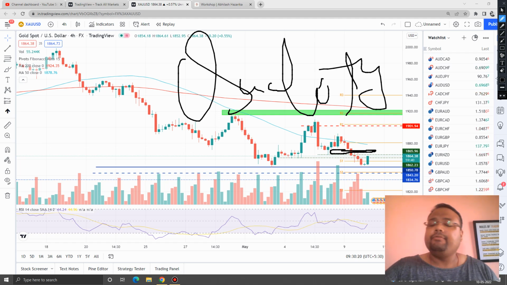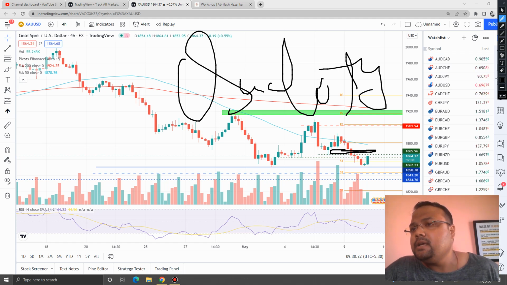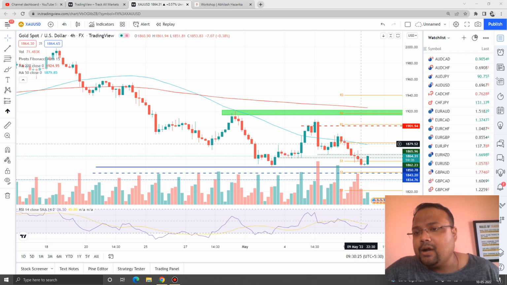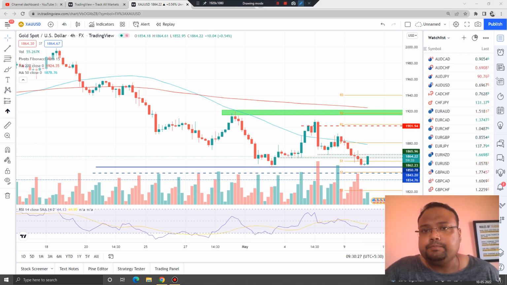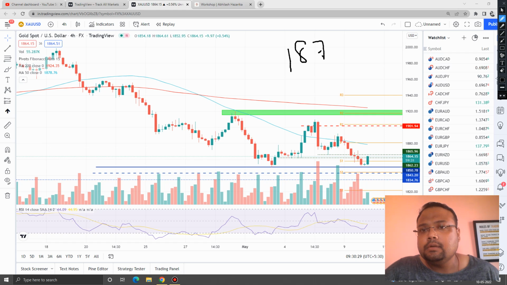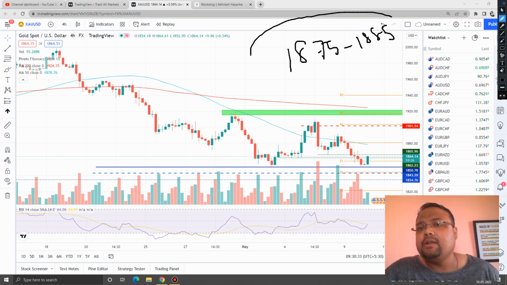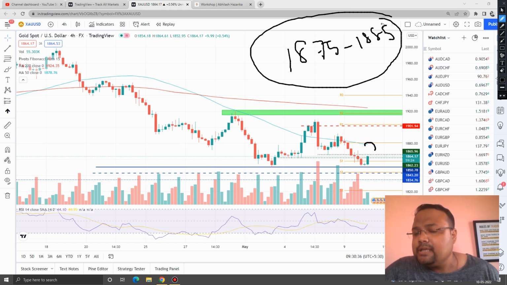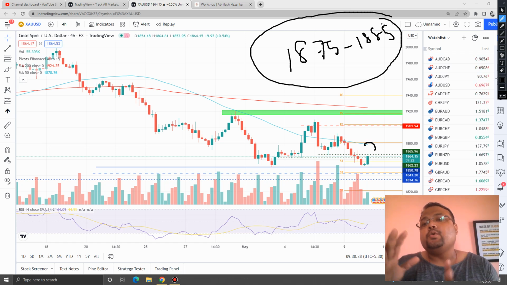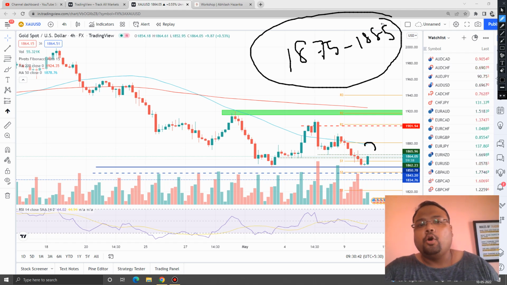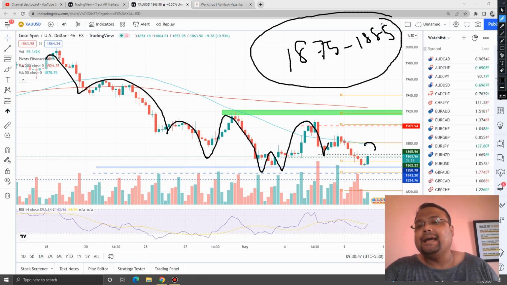If you find market reversing from the 50 moving average, or around 1875 to 1885, around this level, with proper risk management, you can take a sell position as well. Why? Because overall we cannot deny the fact that market is forming lower highs, or in simple words, market is unable to cross the previous highs.